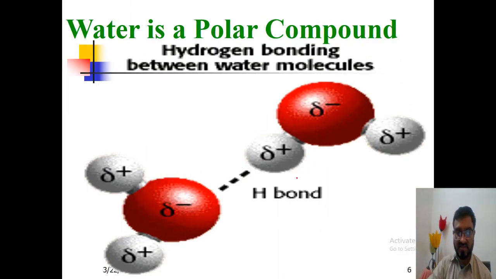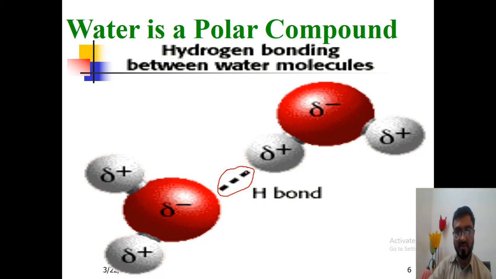So look at this one. This is the water molecule, and this is the hydrogen forces. This hydrogen bond is actually built between the oxygen of one water molecule and the hydrogen of another water molecule.